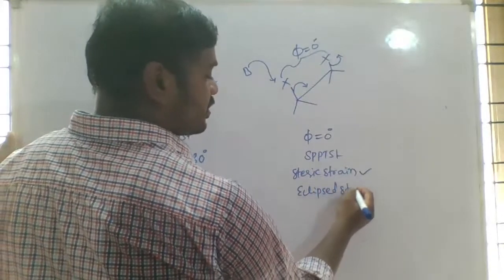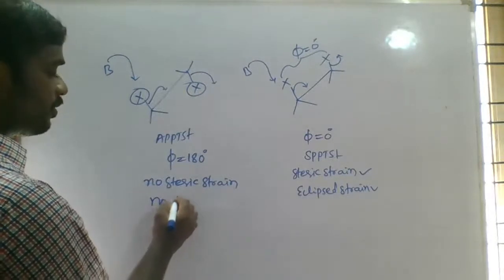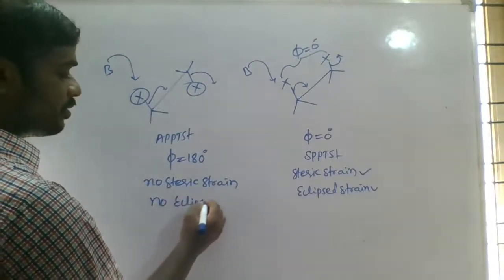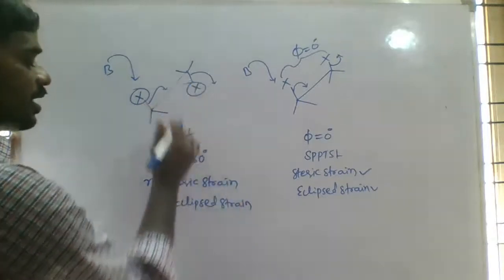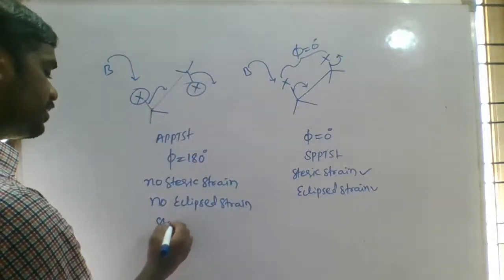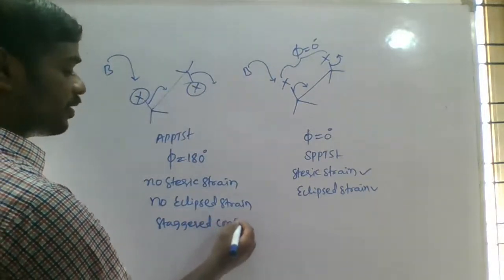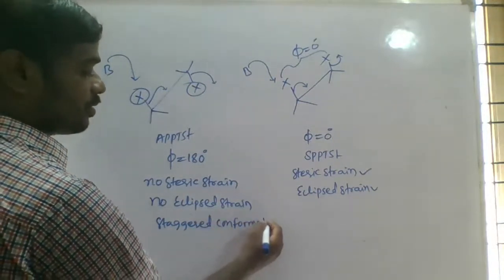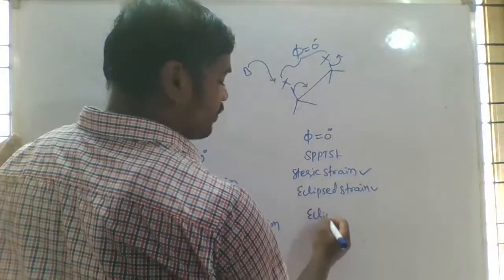Here there is no eclipsed strain. So this conformation is called a staggered conformation. And this conformation is called an eclipsed conformation.